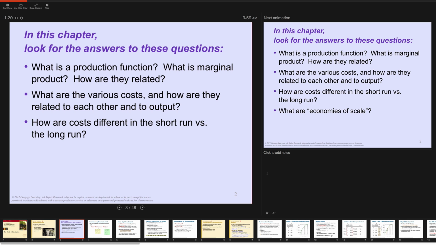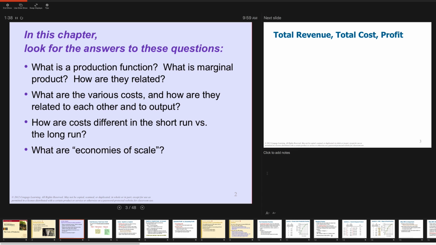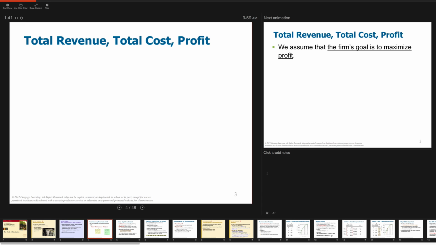How are costs different in the long run versus short run? And here we start the LR and SR part of economics. And your graphs just instantaneously with LR and SR got exponentially more complex. What are economies of scale?